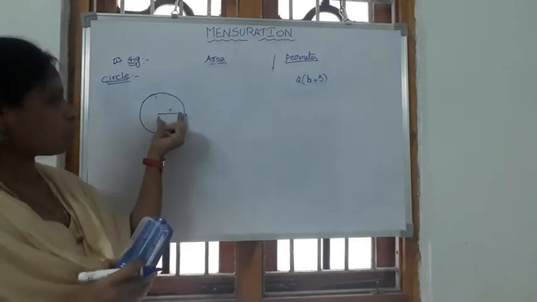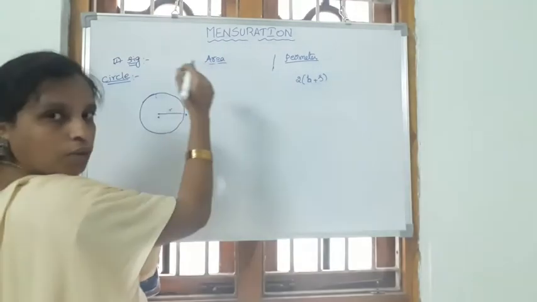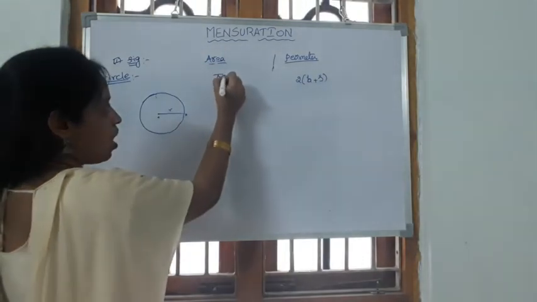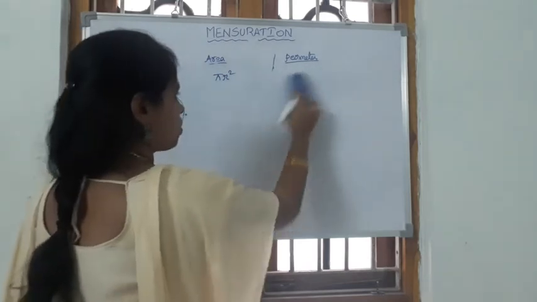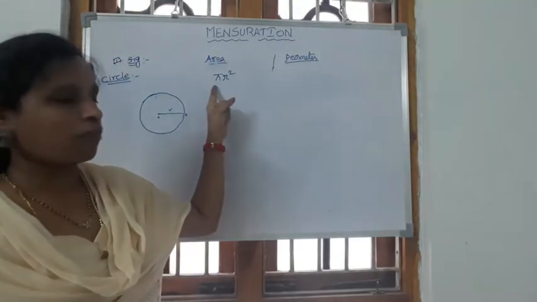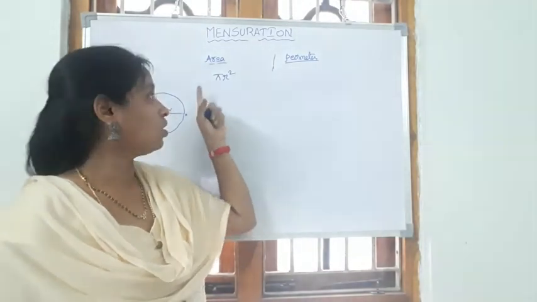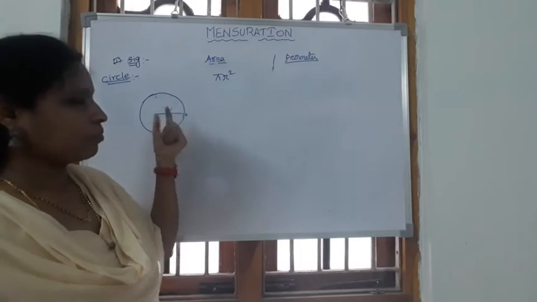So length of OA is equal to radius r. Area of circle formula is pi r square. Pi is an irrational number and we should take its value as 22/7 or 3.14. Radius is OA.